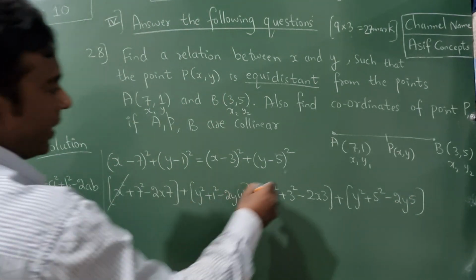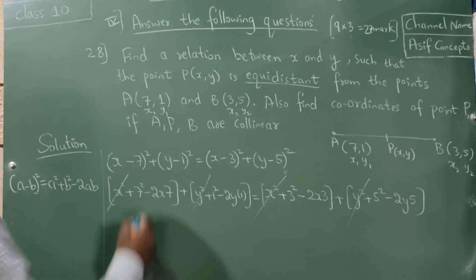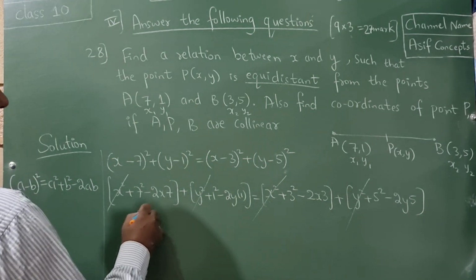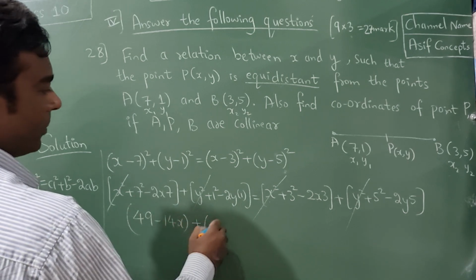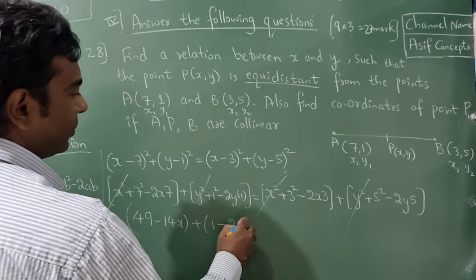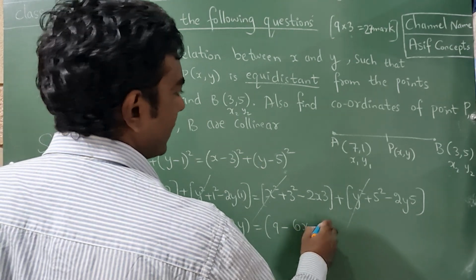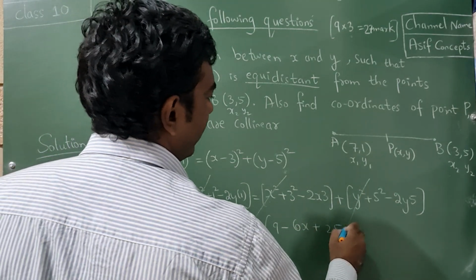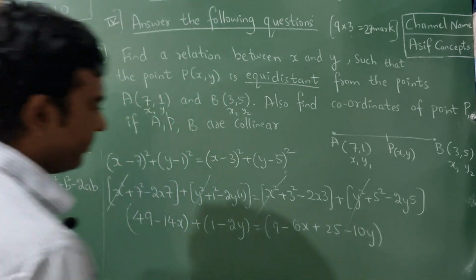Now this x square and this get cancelled, this and this get cancelled. Now 7 square is 49 and 2 7s are 14, plus 1 square is 1, 2 1s are 2, and 3 square is 9, 3 2s are 6, and 5 square is 25 and 5 2s are 10.